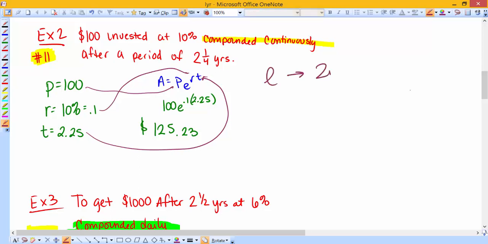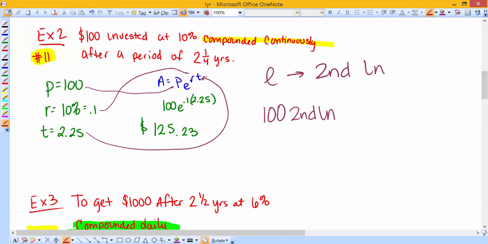This is a lot easier in your calculator, but to get the E, don't forget E. You have to do second ln. So we might need a refresher on that in class tomorrow if you don't remember how to do that or where to find it. So in your calculator, this is very, very easy. This is a lot easier than the other one. It would be 100 second ln, so then that way E pops up.